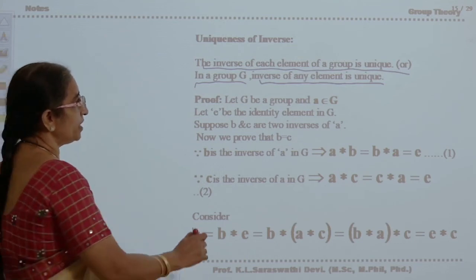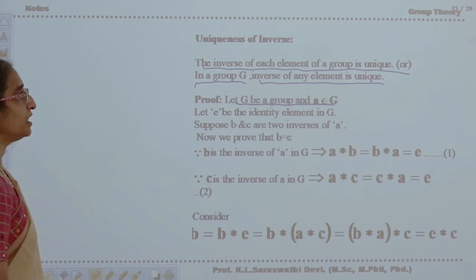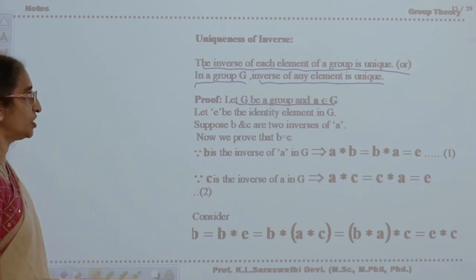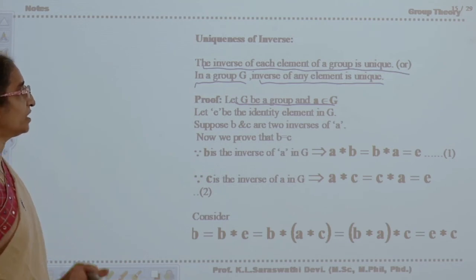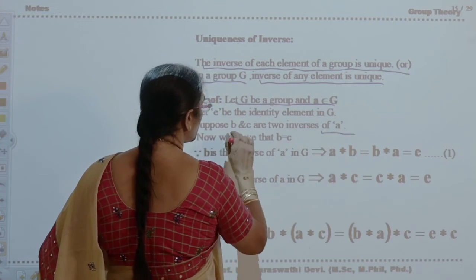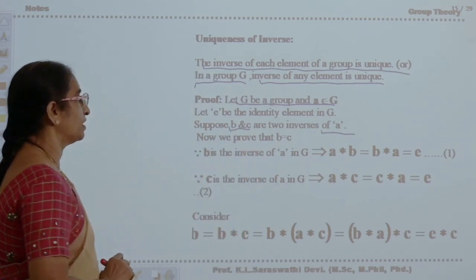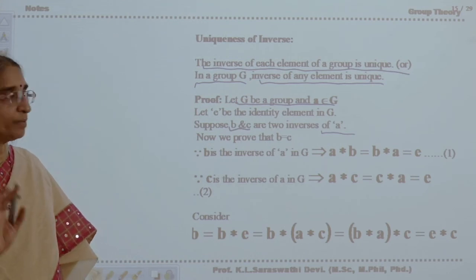Let G be a group and A belongs to G. E is the identity element in G. Suppose A is having two elements as its inverse, B and C.